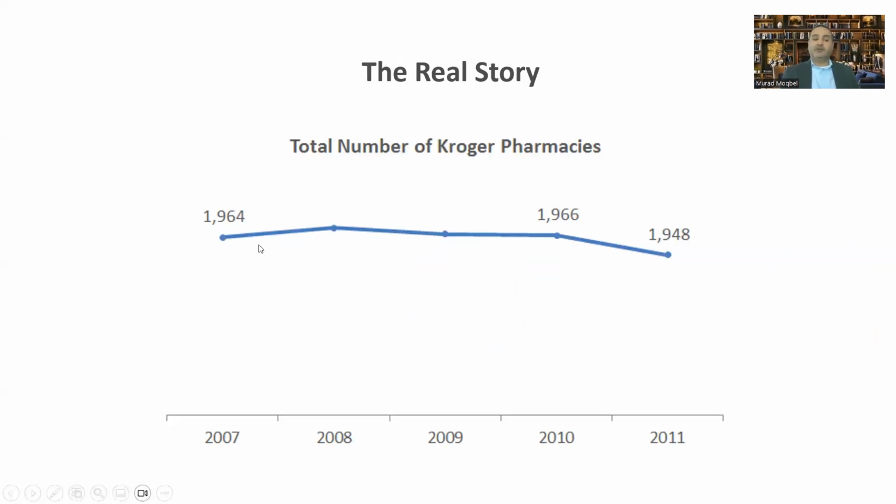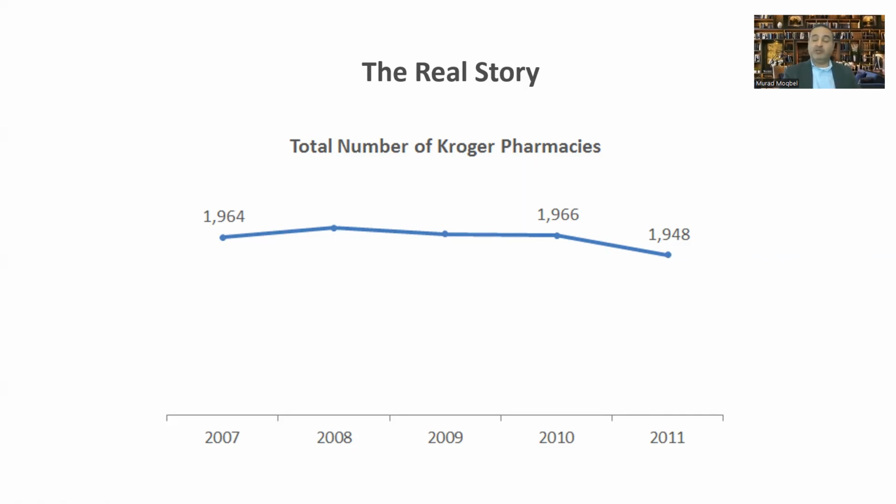As for the number of pharmacies, there has been an increase in 2008, and then it has decreased since then until 2011. So now we can see that there has been a decrease in both the number of pharmacies and the number of Kroger stores.